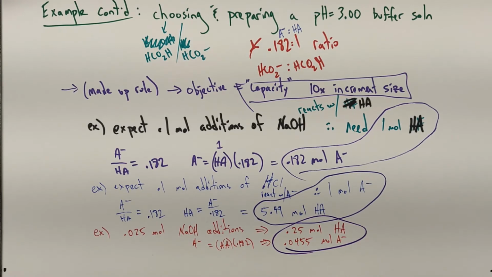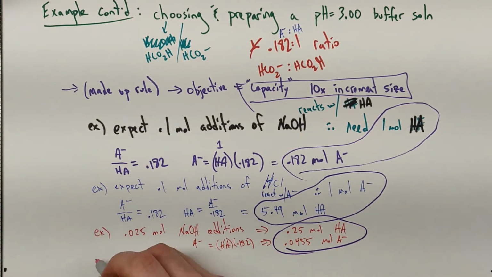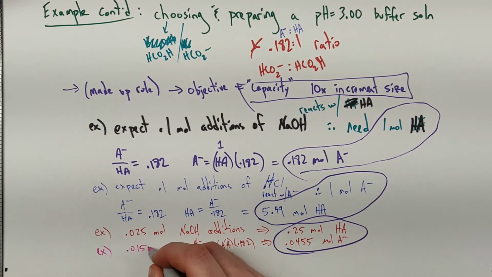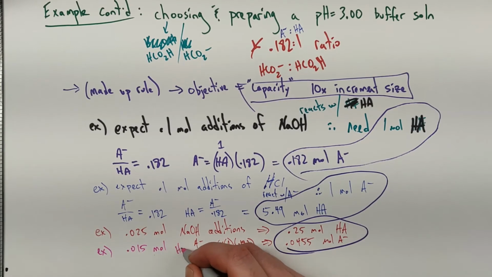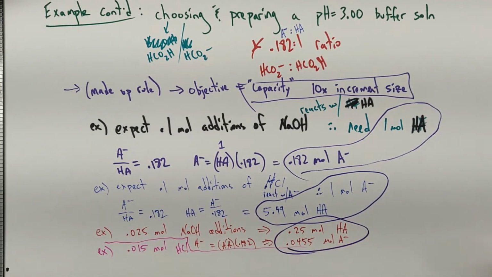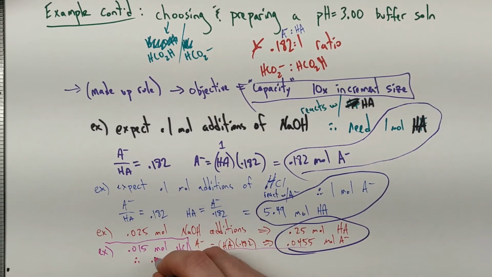And then one last one, just so we have a rounded out set of examples here. We'll say 0.015 mole additions of HCl. And that, I know I'm running out of space here. And that means we're going to need 10 times that, which is 0.15 moles of A minus.